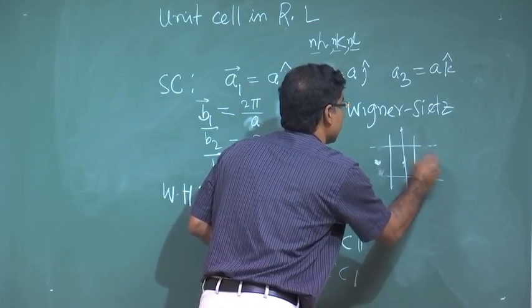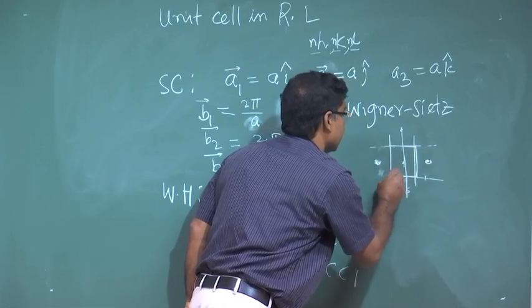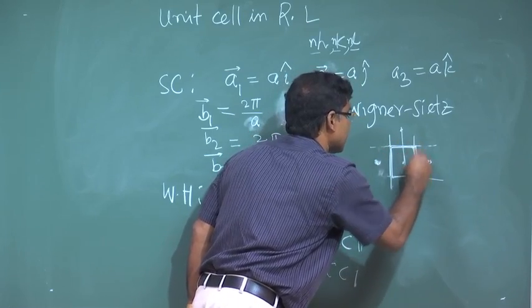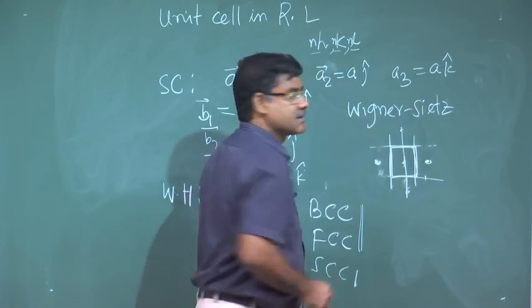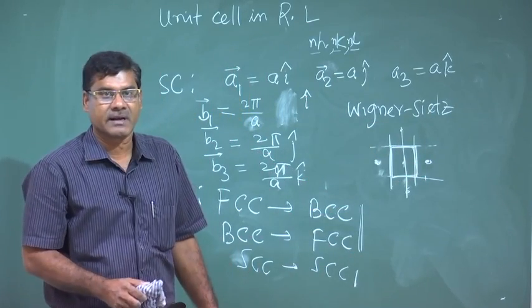This is the lattice point. So, this is the Wigner-Seitz cell. That way the primitive cell can be found in direct lattice.